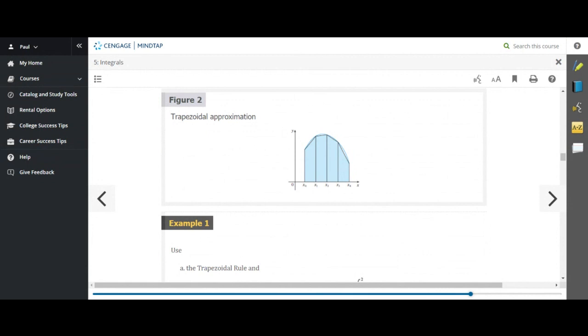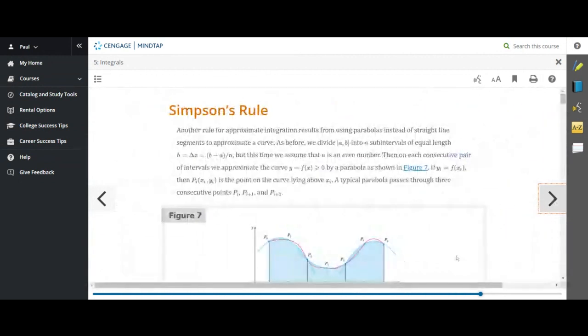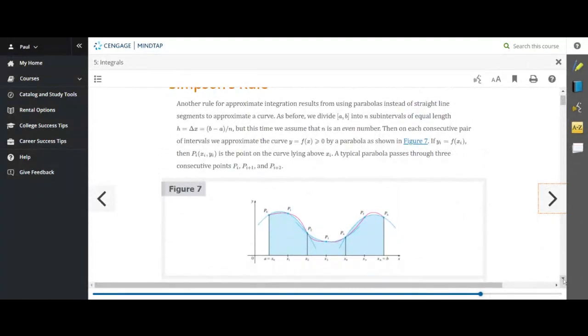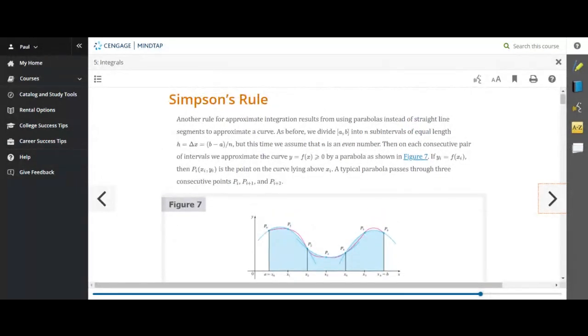Now I'll show you another approximation too while I'm at it here. There's a rule called Simpson's rule. So here in Simpson's rule, you divide the interval from A to B, that's the limits for your integral, up into subintervals.